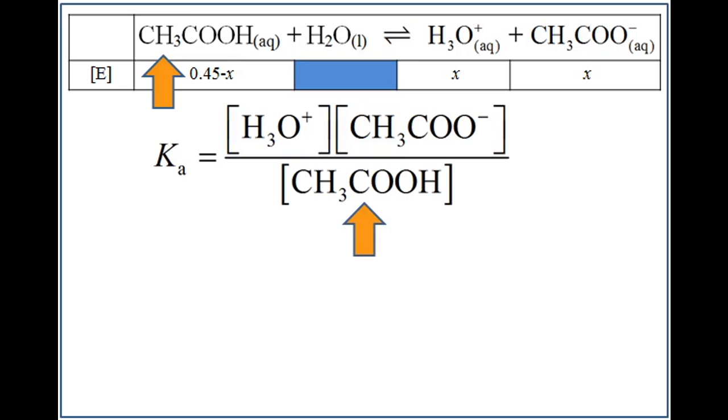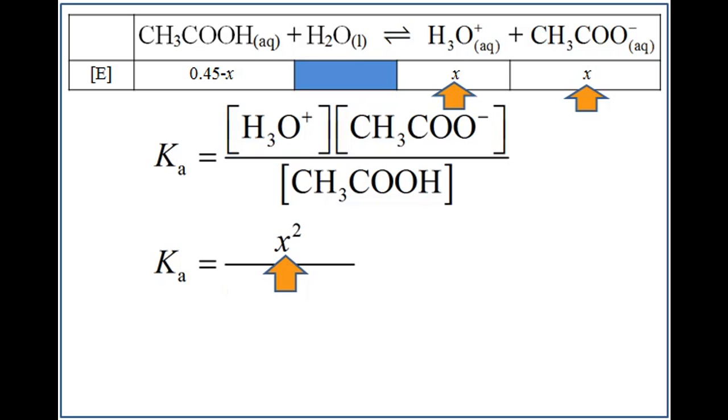Since water is a liquid, we don't include it in the Ka expression. Now we plug in the values for the equilibrium concentrations in terms of X. The hydronium and acetate concentrations are both X, so the numerator is X times X, or X squared. And the equilibrium concentration of acetic acid is 0.45 minus X, so that goes in the denominator.